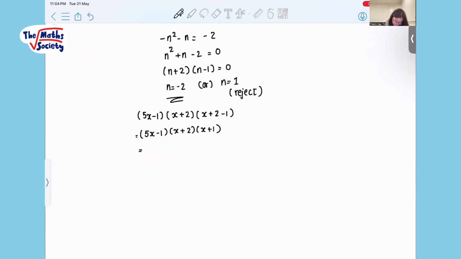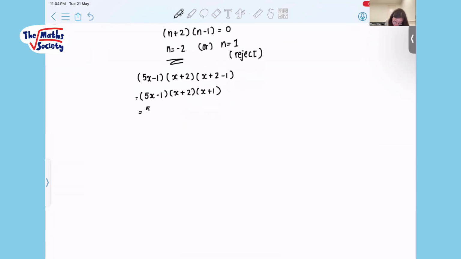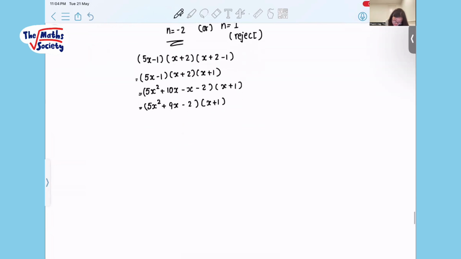And you just multiply it all. So you're going to have 5x squared plus 10x minus x minus 2. And that's going to be one side first. And then we're going to solve the other one after, yeah? It's going to be 5x squared plus 9x minus 2. And it's going to be 1, x plus 1. And then we're going to multiply them now.